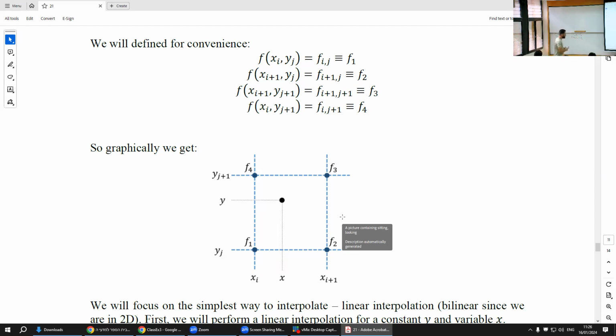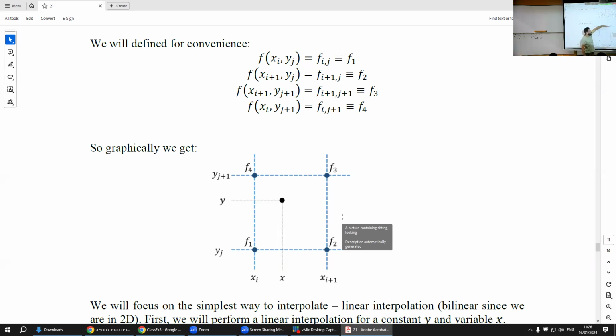So the way is to interpolate the function first only along this line. I will say that f of x at this fixed yj is a linear function of x.